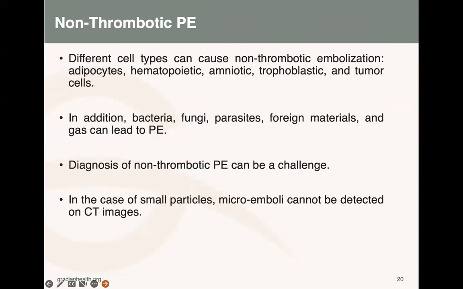In addition, bacteria, fungi, parasites, foreign materials, and gas can lead to pulmonary embolism. But diagnosis of non-thrombotic pulmonary embolism can be challenging, and in the case of small particles, microemboli cannot be detected on CT images. So it is sometimes difficult to diagnose non-thrombotic pulmonary embolism.